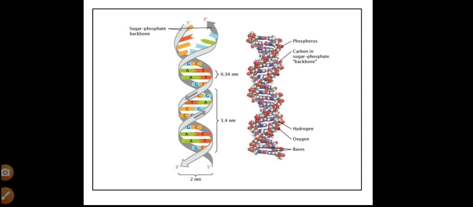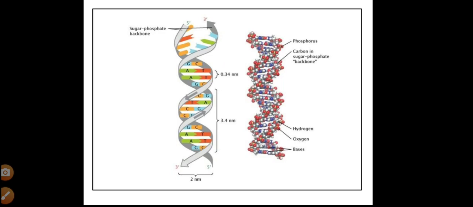Every strand has a phosphate-sugar backbone, and the bases are inside while the sugar-phosphate backbone is at the periphery, that means at the outside.